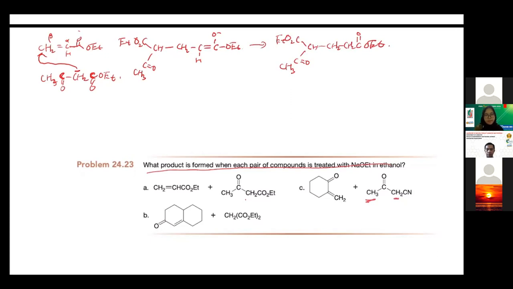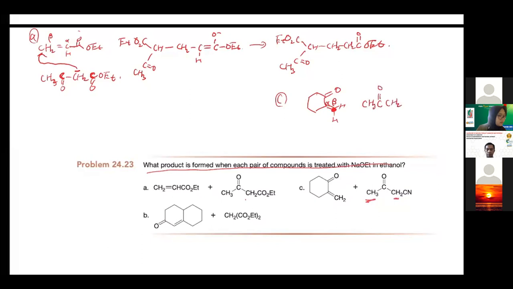B, C, sorry, C. This is the alpha, beta position, CH. This is the beta position, probably nucleophilic attacking here. What enolates do they use here?